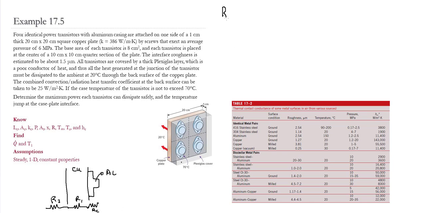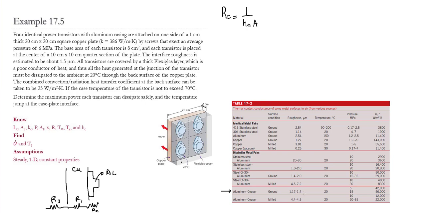For RC, the contact resistance, we're going to use the thermal contact conductance, and they are related as 1 over HC times A. The value of HC is obtained from table 1.7 from your textbook. We see that we have aluminum and copper in this relationship.